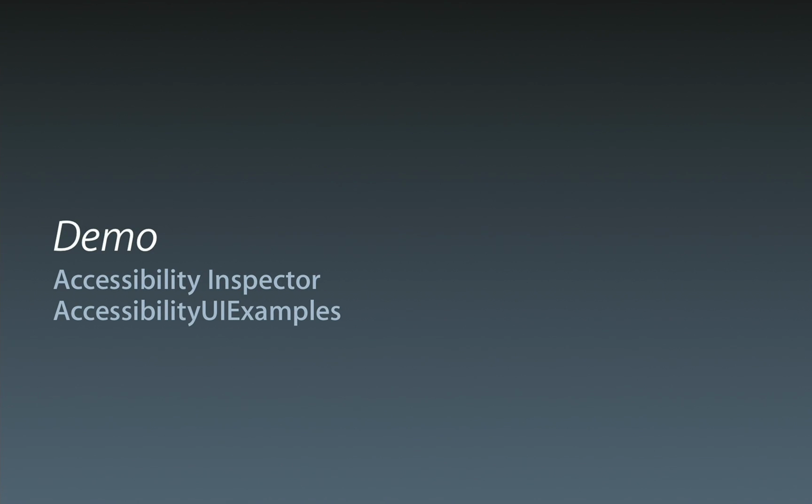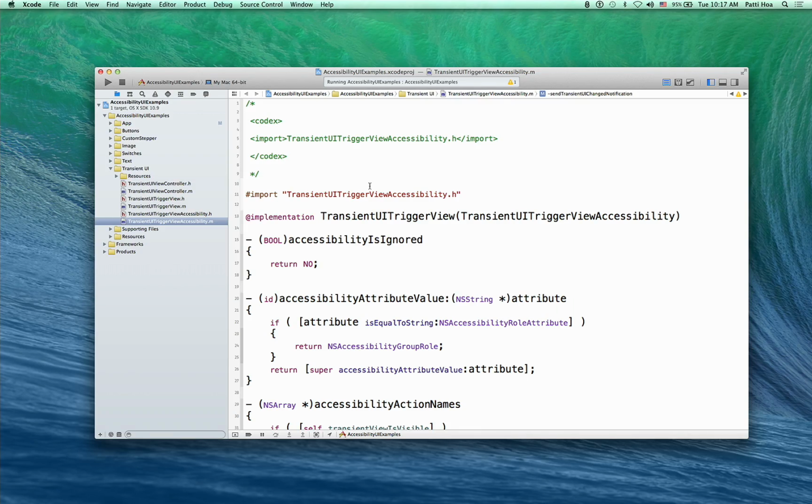What I do want to do right now is show you a tool we have on OS X to help you glean information about any particular piece of UI. This tool is called Accessibility Inspector, and the good thing is now it's bundled with Xcode.